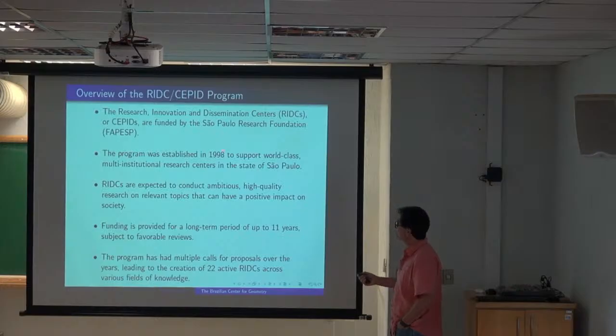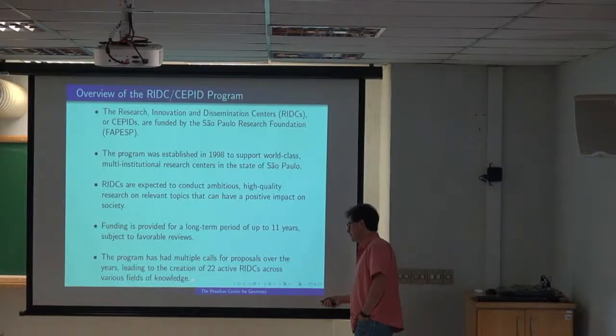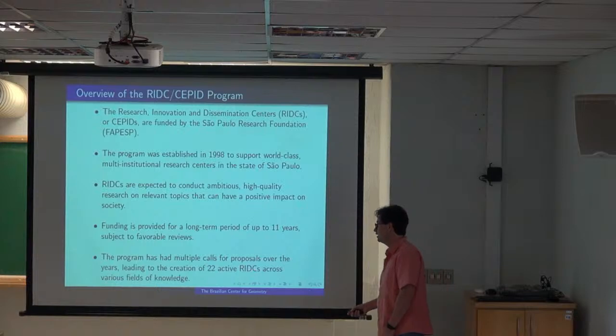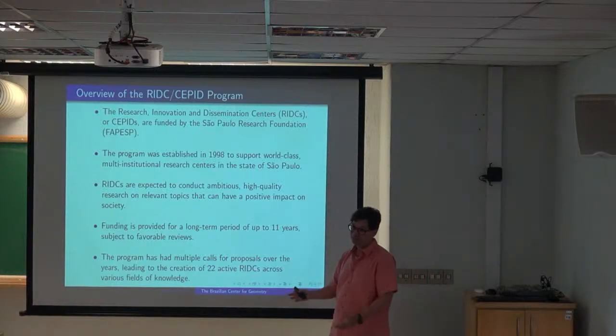We are supposed to do three things: research, but also innovation and dissemination of knowledge to society. There are nowadays 22 active of these RIDCs across various fields of knowledge.